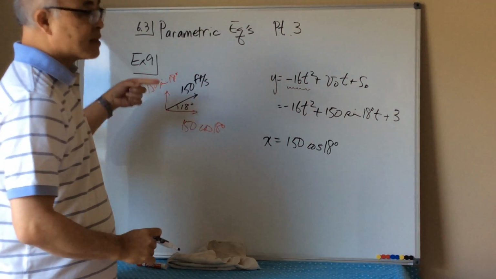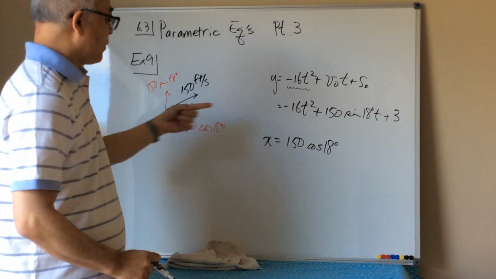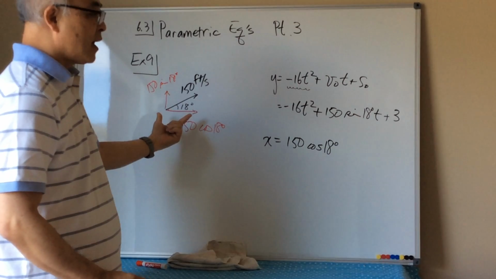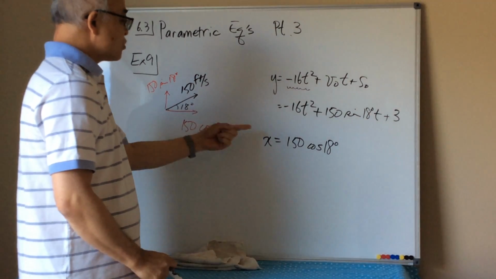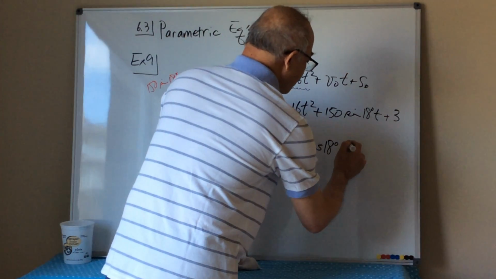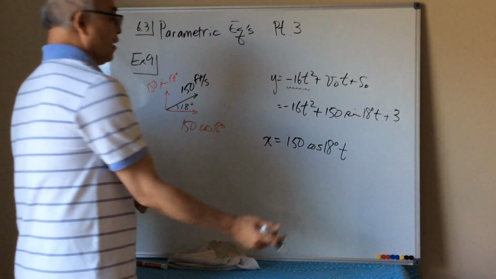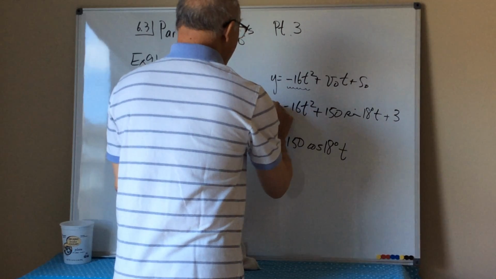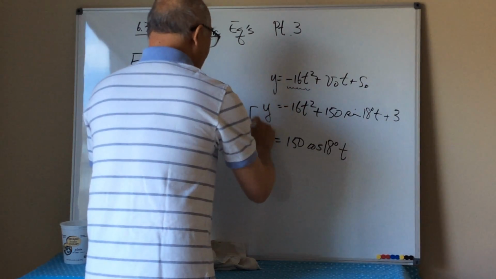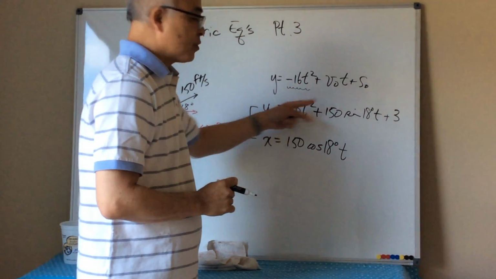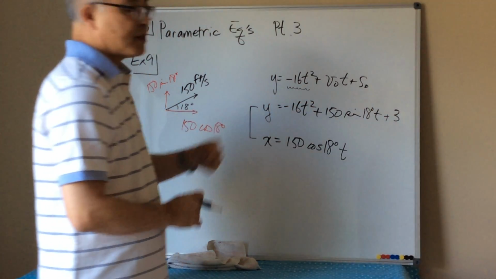There is nothing impeding or helping the velocity, so the velocity is going to stay constant. So the distance traveled in the x direction is nothing more than this times the time. So you have your y and you have your x, and this is the parametric equation for x and y.